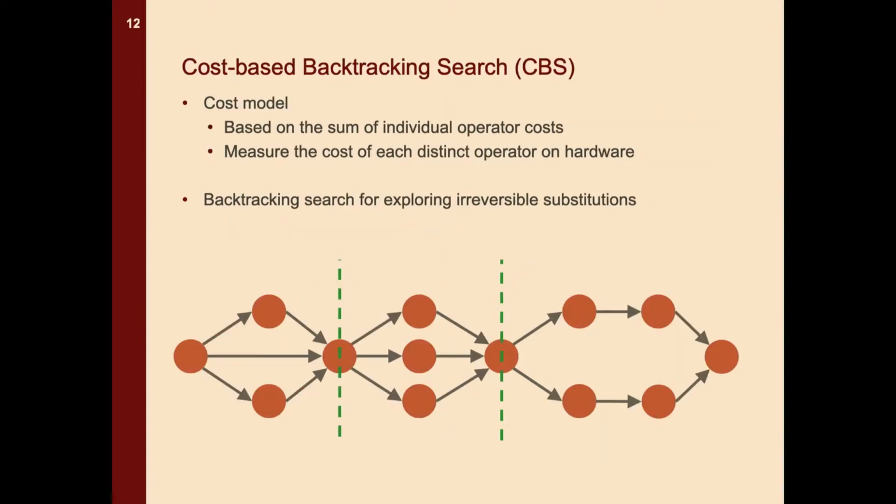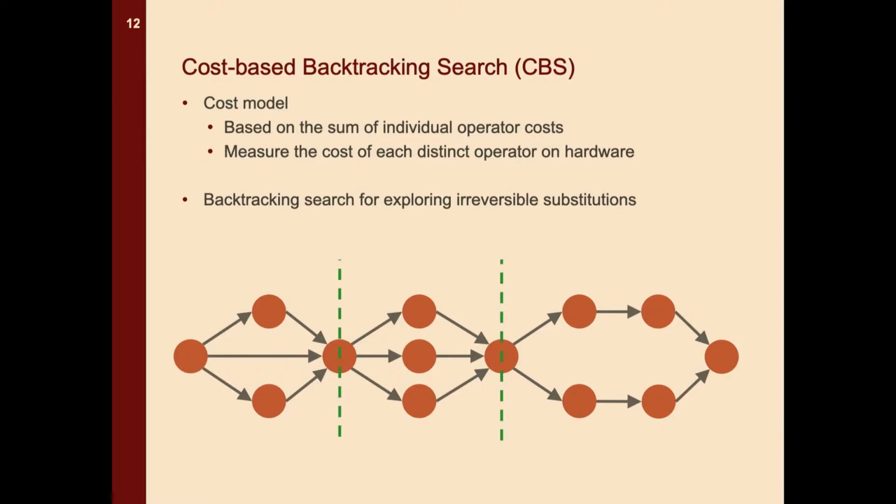Once we have individual subgraphs, our next task is to optimize different subgraphs. So we use a cost-based backtracking search. Our cost model estimates the cost of the original computation graph as the summation of individual operator costs. And we measure the cost of each distinct operator by running them on hardware.